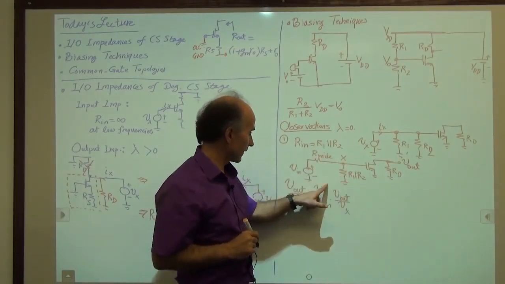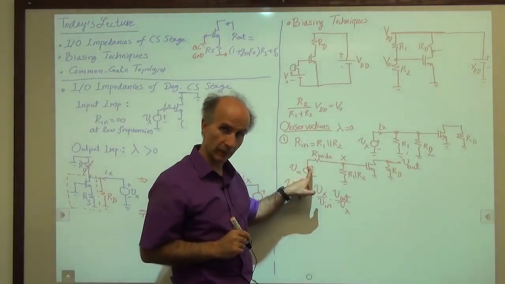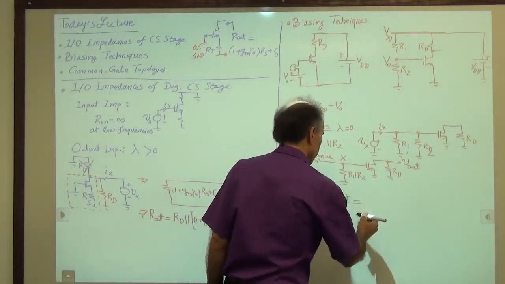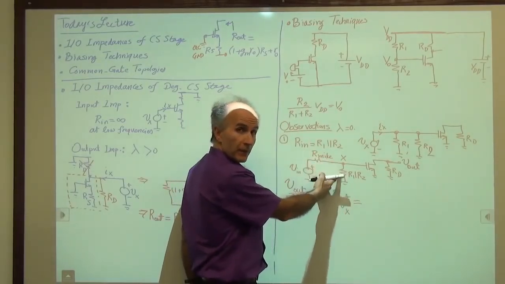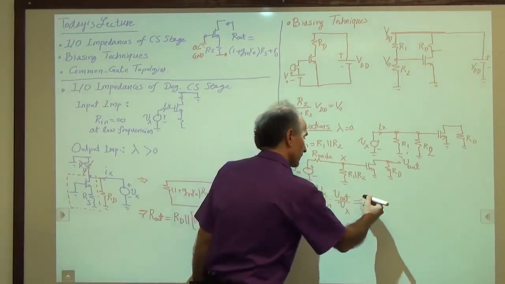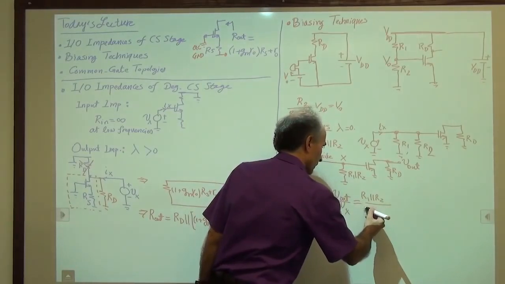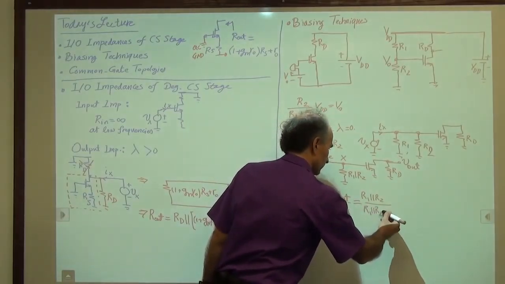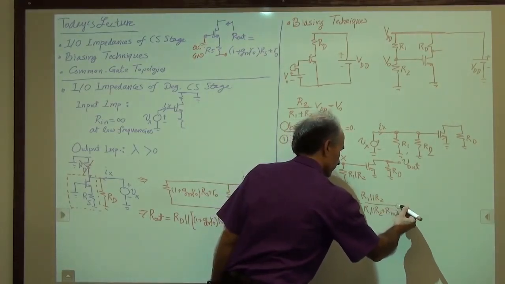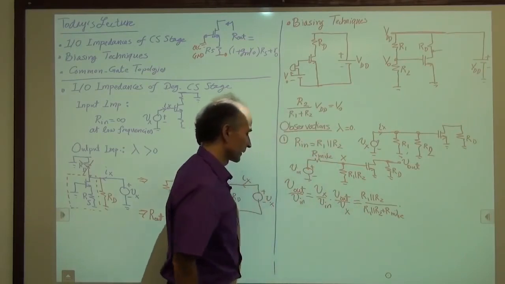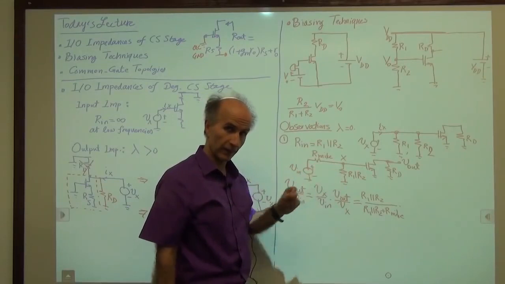We recognize that this is a resistive divider, so it attenuates Vin by some amount. So we write Vx over Vin is equal to R1 in parallel with R2 over R1 in parallel with R2 plus R mic, times, so that's Vx over Vin, the voltage attenuation from here to here.